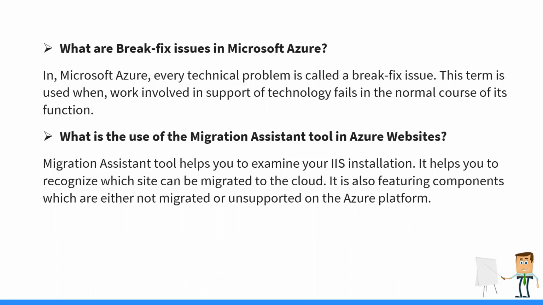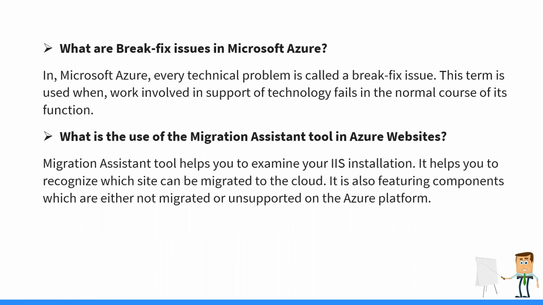Next, what do we have? The question is, what is the use of migration assistant tool in Azure website? The migration assistant tool helps you to examine your IIS installation. What is IIS? It's Internet Information Service.